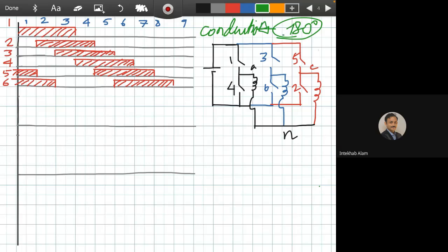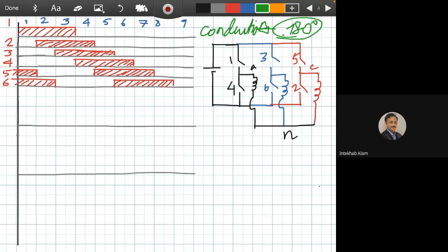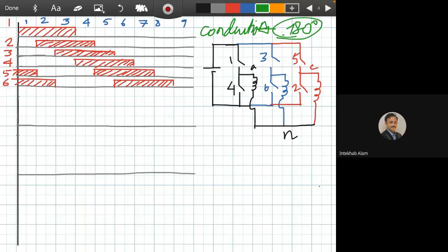Okay, so could you please give me some idea about which switches are on in mode number 1? 1, 2, 3?